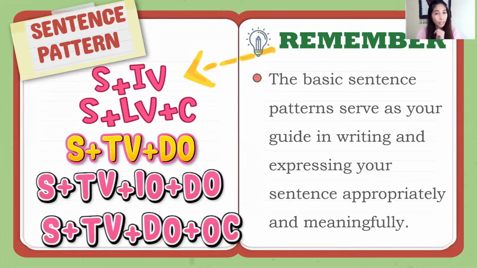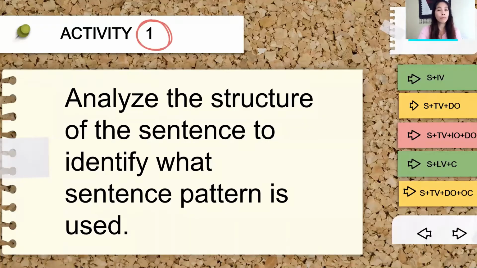Now remember, why do we study sentence patterns? Because it serves as your guide in writing and of course in expressing your sentences appropriately and meaningfully. We do not just write random words; in the English language, we follow a specific pattern for us to be understood. Okay, now are you ready to start with our activity 1?